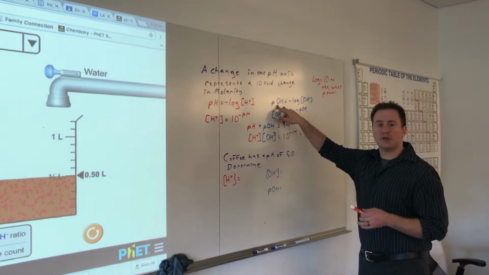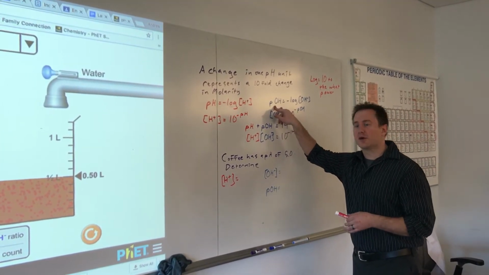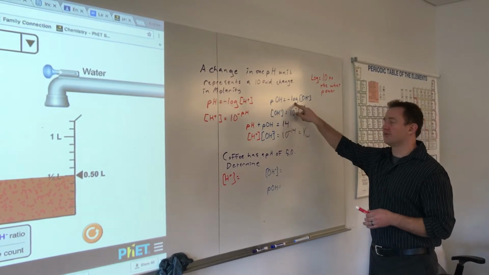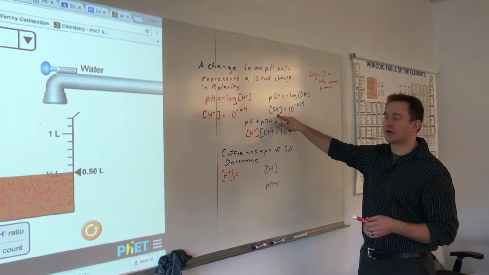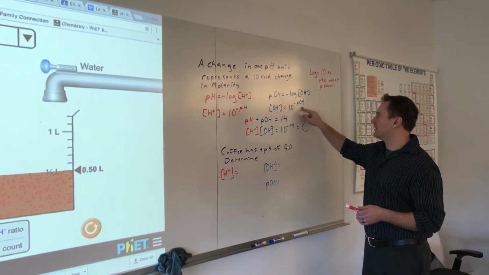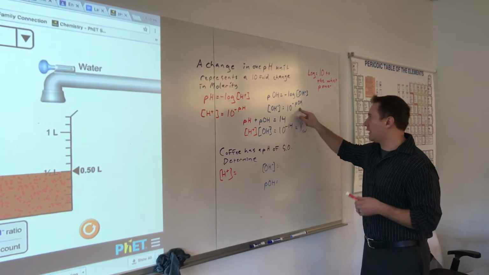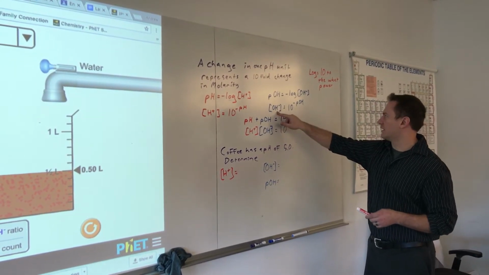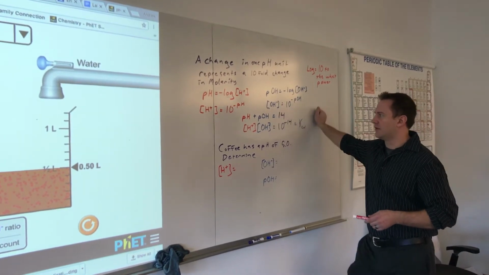We can describe the pOH, which is the same thing as pH except with respect to the hydroxide ion concentration, by using the negative log of your hydroxide ion concentration. Our hydrogen ion concentration is equal to 10 to the negative pH because, again, log means 10 to the what power? So if we're looking for the hydroxide ion concentration, 10 to the negative pOH would give you that value.